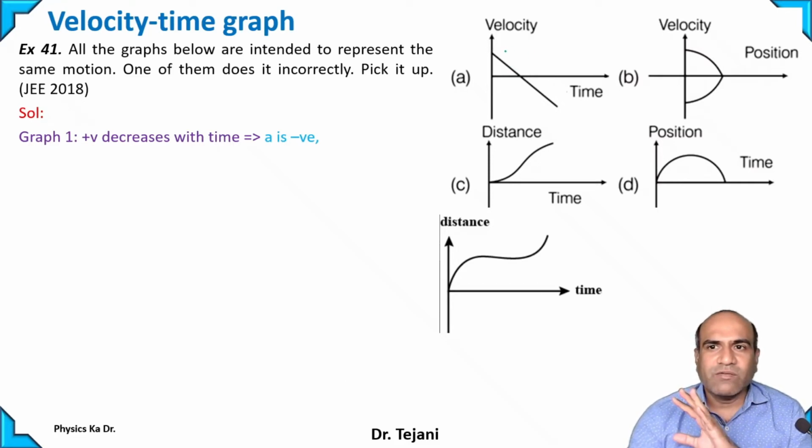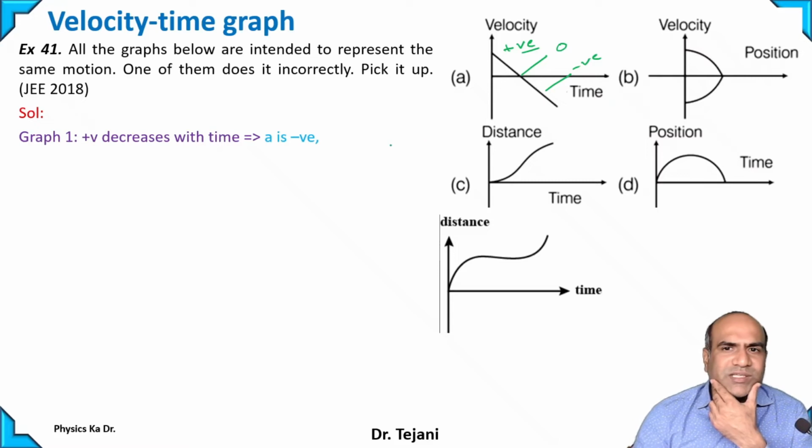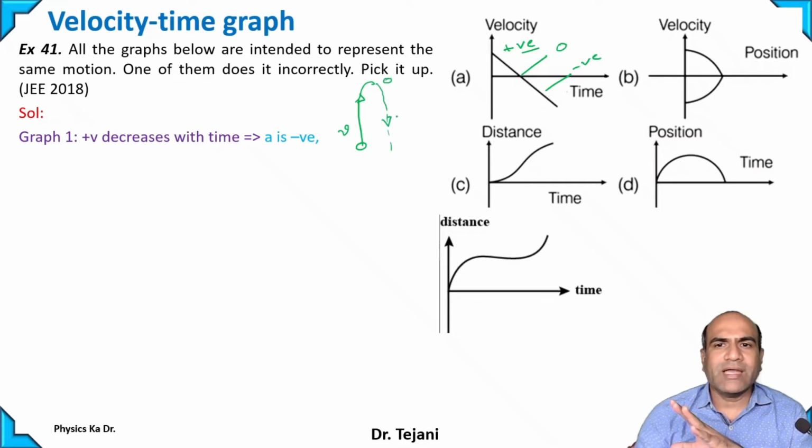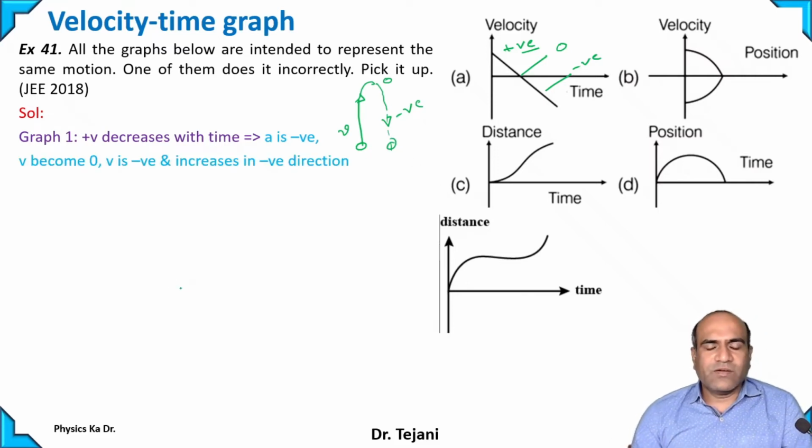Initially, velocity is positive, then momentarily it becomes 0, and then it becomes negative. It's okay, it happens. There is nothing wrong. You can just take an example of a ball thrown vertically. Velocity is positive and reduces. At top it becomes 0, then it goes down and negative velocity increases. So for the first one, no issue at all.